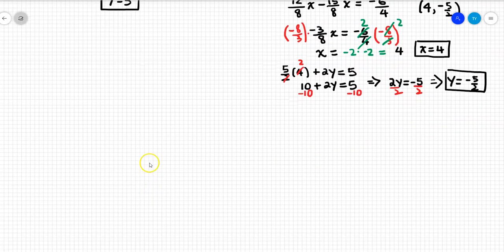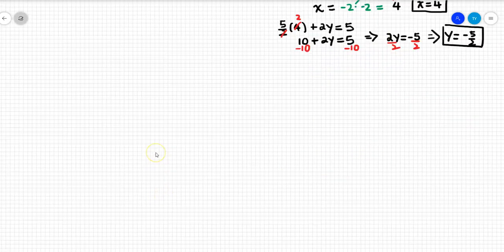Whichever method you prefer, you're going to use that. Now, whenever we solve a system of linear equations, it doesn't matter how many variables you have, 2 variables or 3 variables, you're always going to end up with one of these 3 solutions here. So here are the 3 types of solution for a system of linear equations.